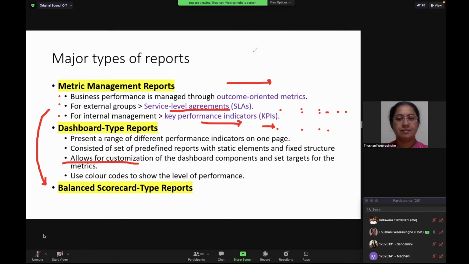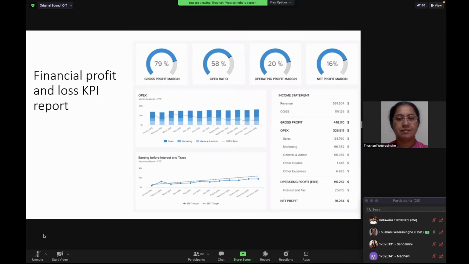But the scorecard is showing you whether you are moving in the right direction. Let's see some examples here. This one is the KPI and metric reports, the financial profit and loss KPI reports. You can see that the metrics are given here, showing you figure-wise, the margin, the profit margin, operational profit margin, net profit margin, OPEX ratio.